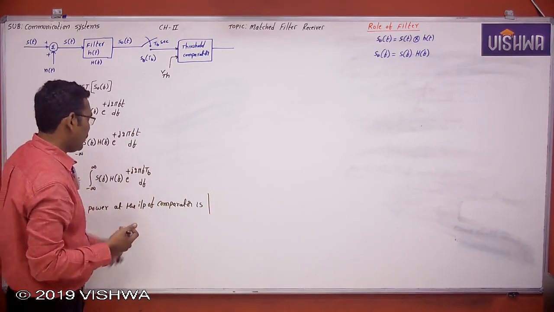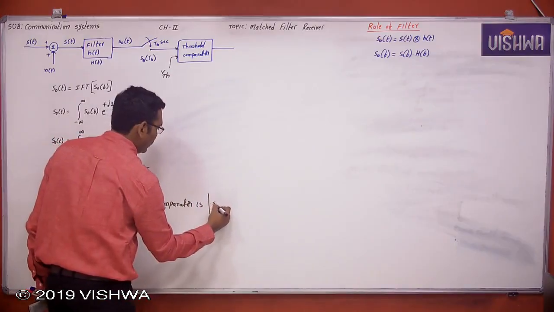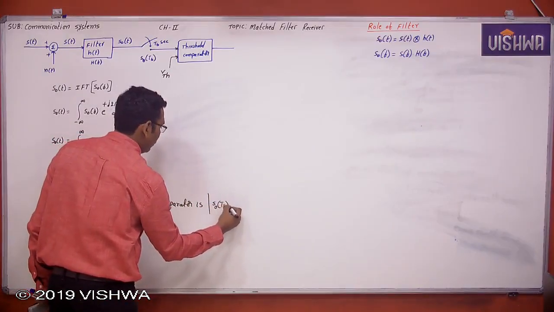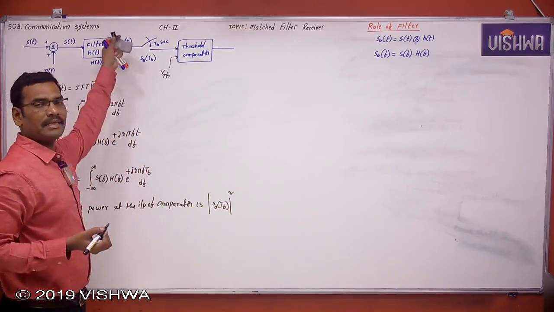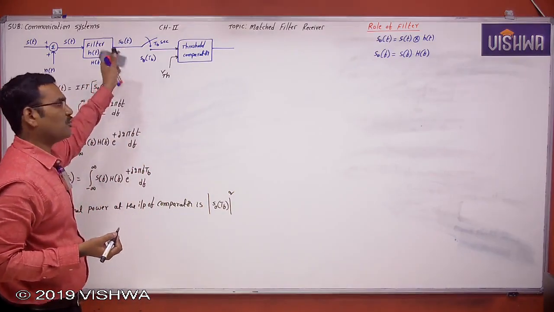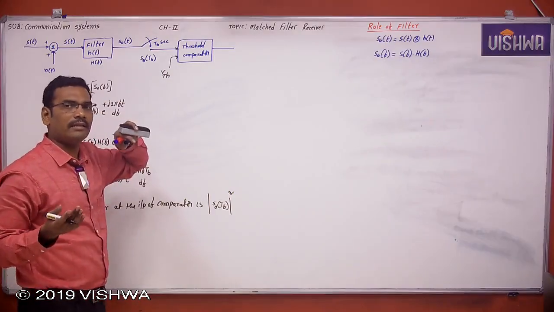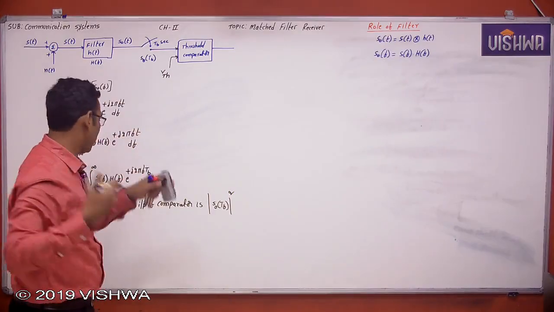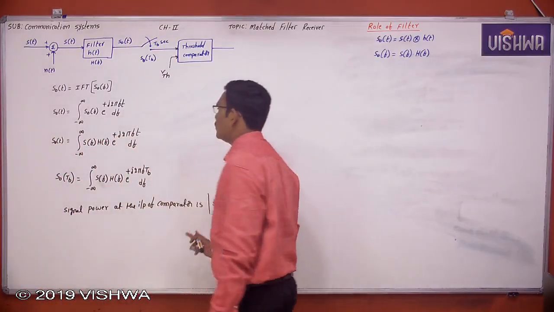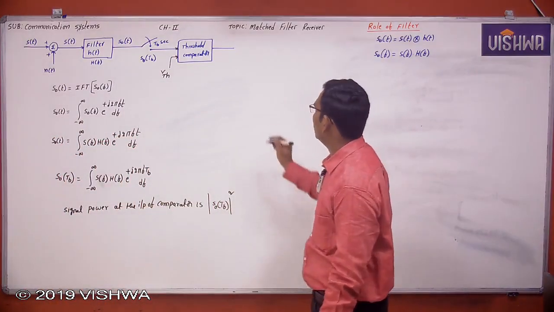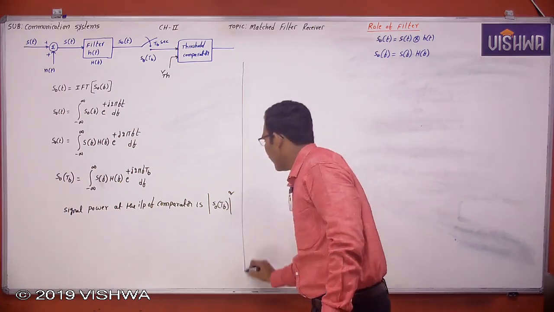This is the power, the energy, S naught of tb whole square, because I want to maximize the signal. The signal to noise ratio should be maximum, meaning the noise we cannot do anything about, but we can maximize the signal strength. For maximizing, I square it, because of the maximum energy value.